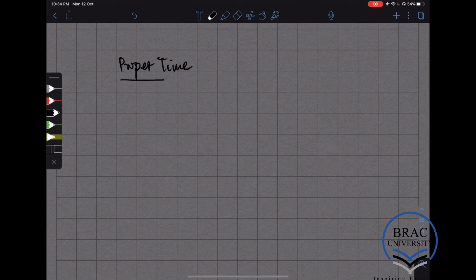Suppose that we have some object that is moving in some arbitrary fashion, as seen from an inertial reference frame S. The object is not performing rectilinear motion. But we can divide up this object's motion into small pieces, where each of these small motions can be thought of as motion with constant velocity.